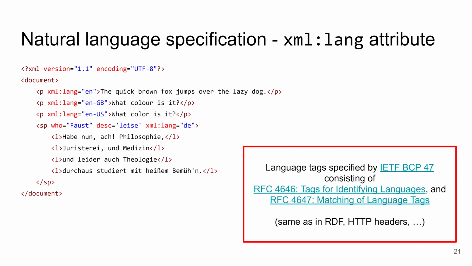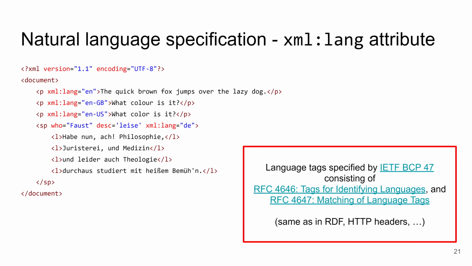Since XML is used in message exchange, it is again important to specify, for instance, in which natural language a specific text is represented. This is the same as in RDF. And in XML, there is a special attribute called xml:lang. So it is an XML namespace attribute, but the XML namespace is included in each XML document by default, so it doesn't have to be defined explicitly.